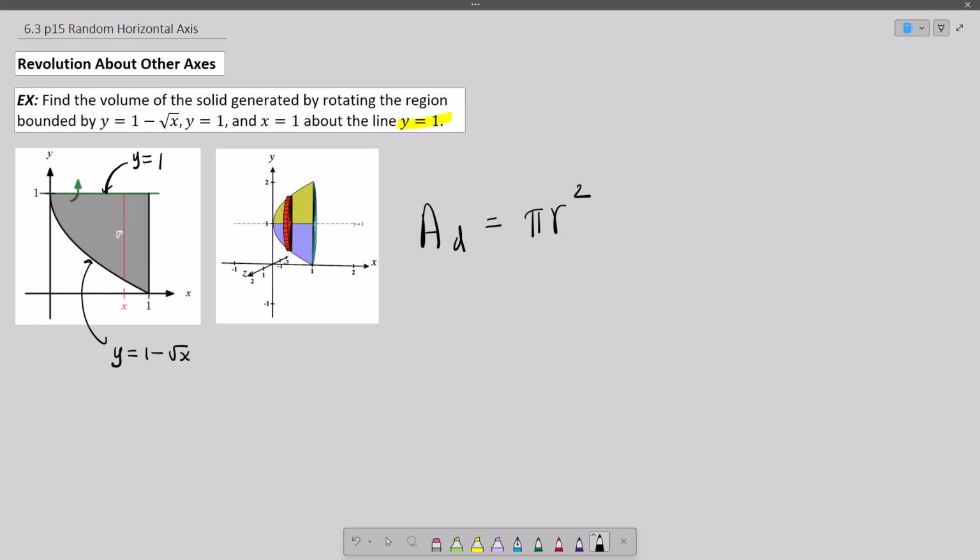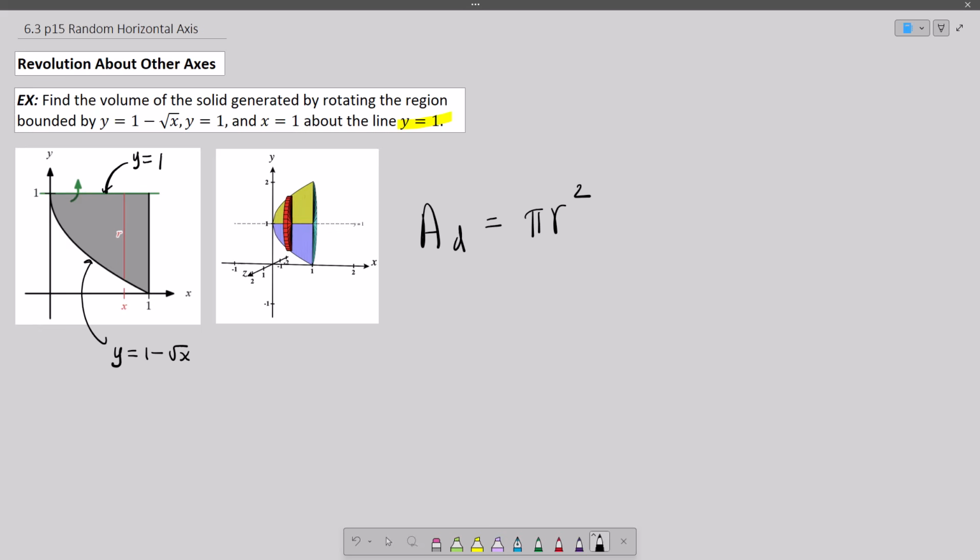This red rectangle, red integration element, whatever you want to think of it as, it's vertical. So that means the functions that are bounding it need to be written as functions that are measuring vertical distance. And they are, right? These are both solved for y, so these are measuring vertical distances.